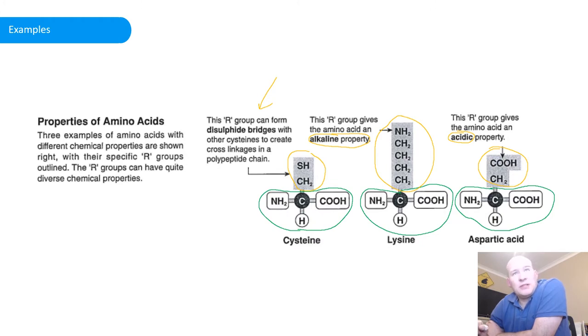I'll leave it up to you to try and explain that if you so wish. It's not vital, and I don't want to confuse you. The major thing to get across is that the R groups are structured differently.